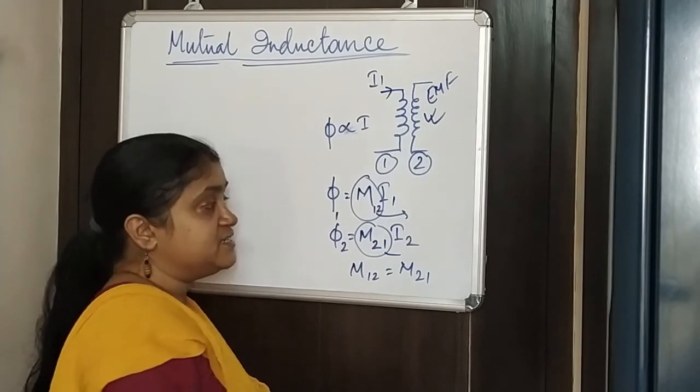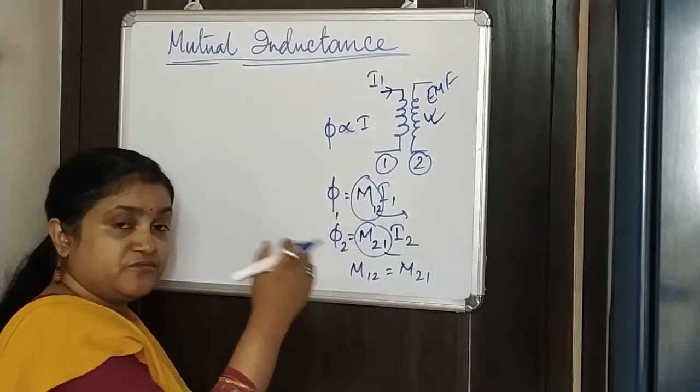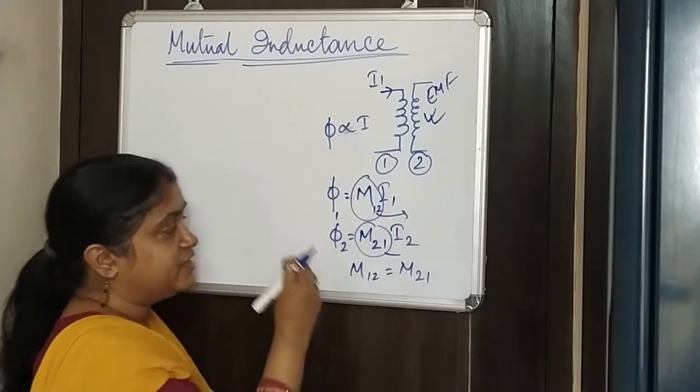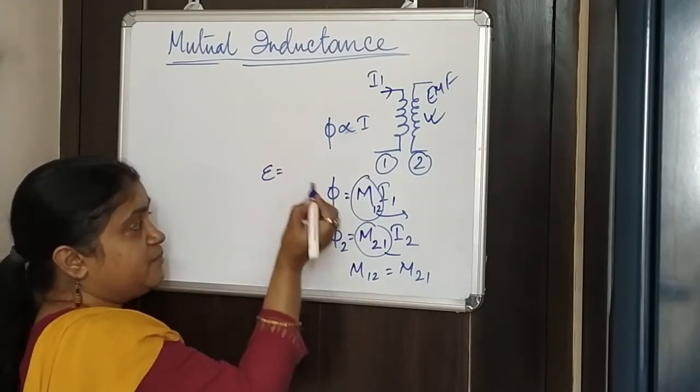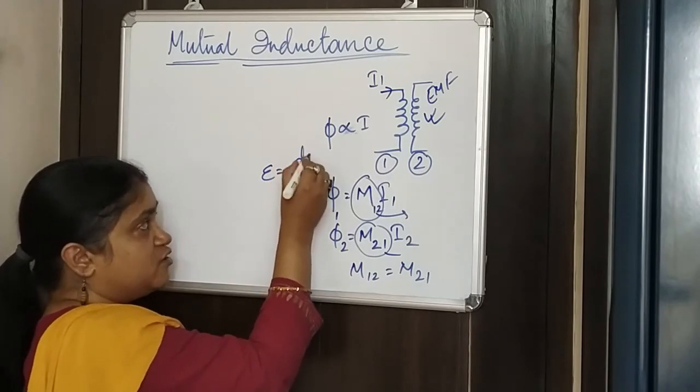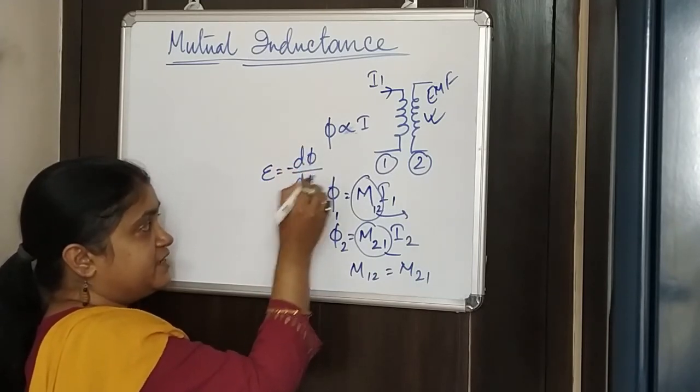Going ahead, according to Faraday's law, the EMF produced is d phi by dt.